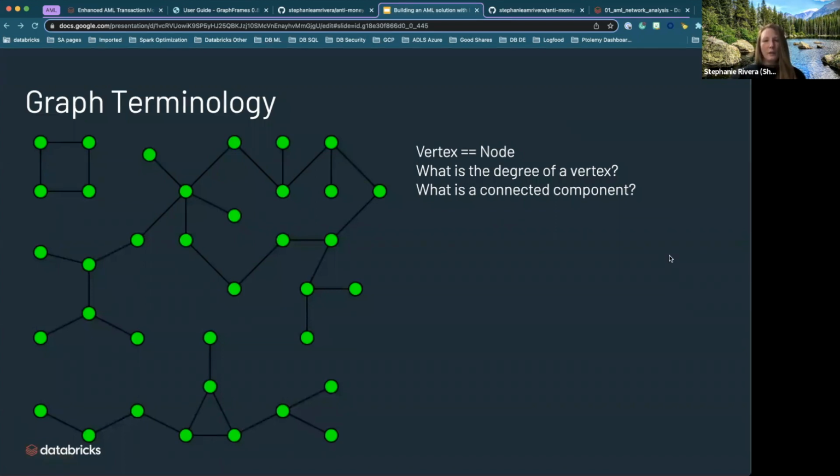And does anybody know what the degree of a vertex is? This is going to be heavily participation oriented, so I'm going to need you all to be brave and talk to me, or it's going to be very painful for all of us. Anybody know what the degree of a node or a vertex in a graph is?